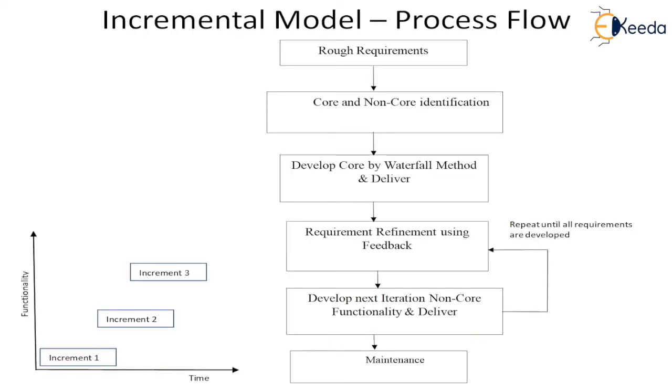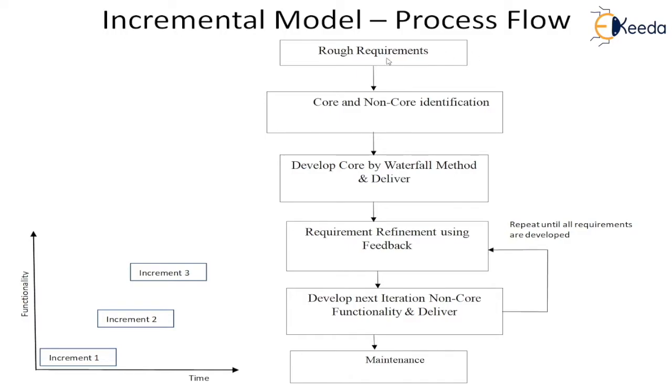This diagram gives us the process flow of the incremental model. Initially the requirements phase is there, but here we don't insist, like in waterfall, that the requirement has to be completely known, completely analyzed and frozen.